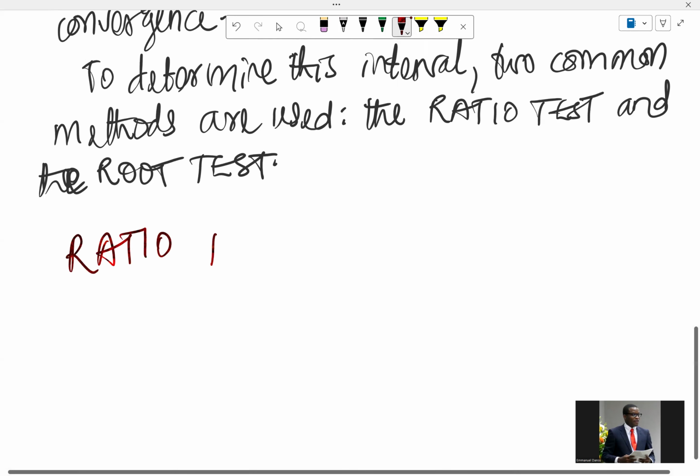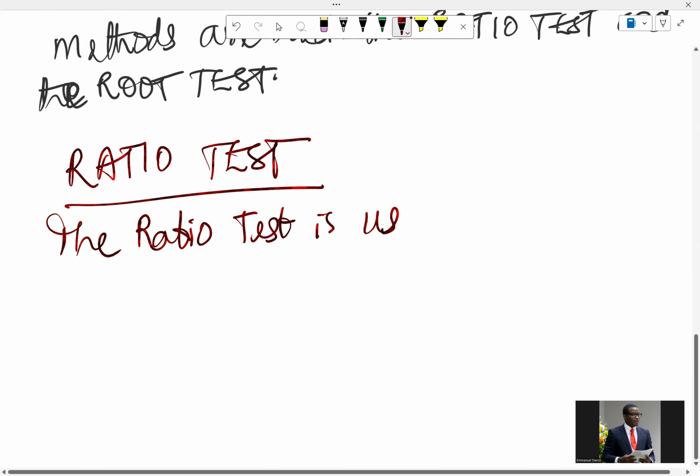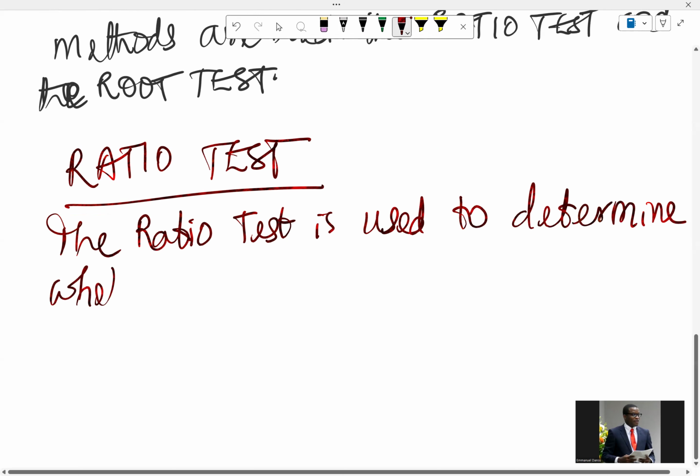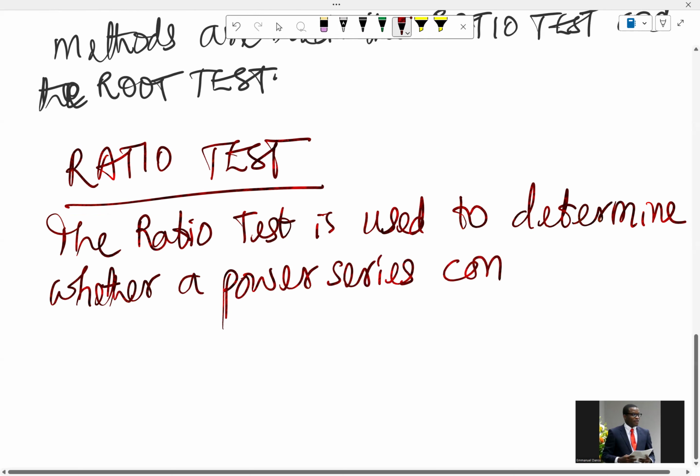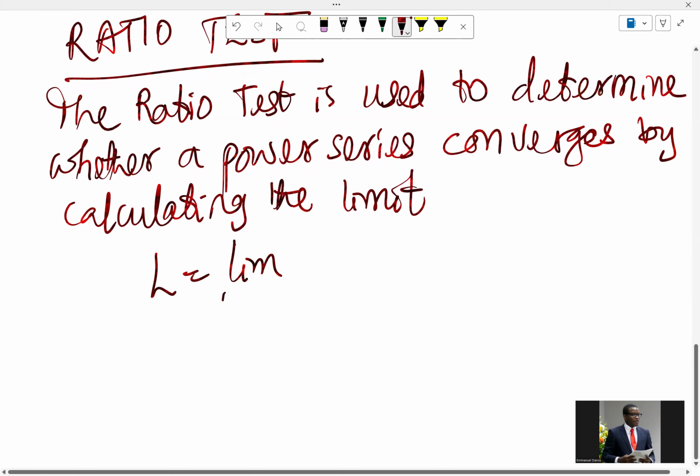The ratio test is used to determine whether a power series converges by calculating the limit L equals limit as n goes to infinity of a_(n+1) over a_n.